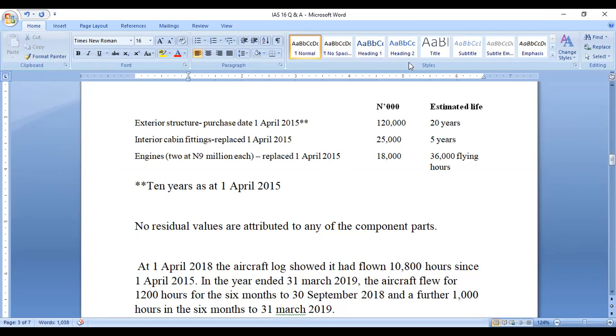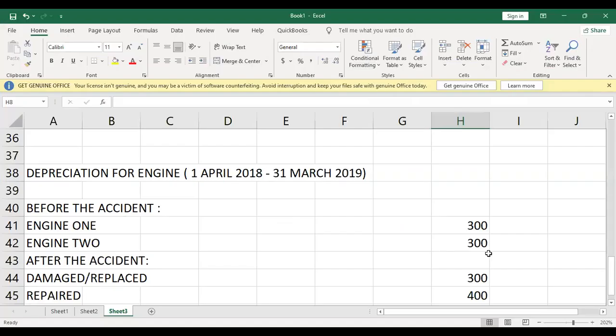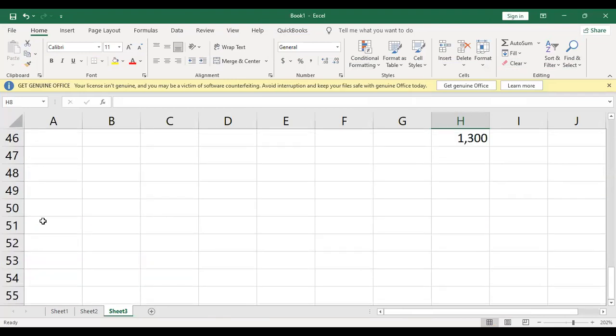Okay, so let's go. Workings. So depreciation. This is working 2.